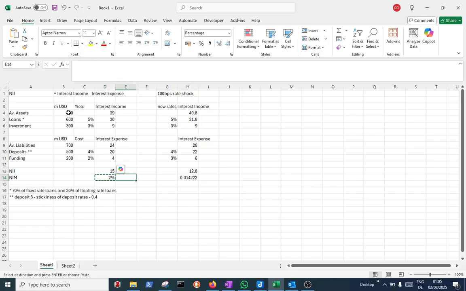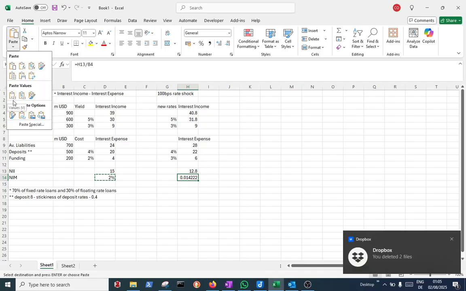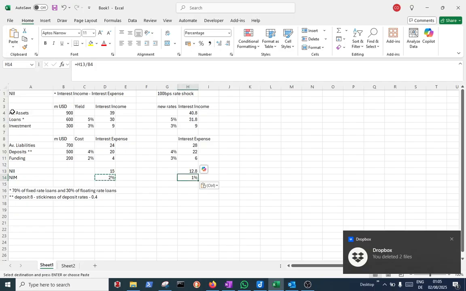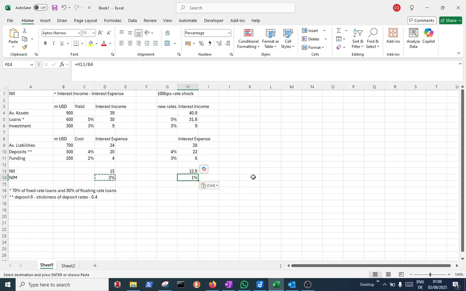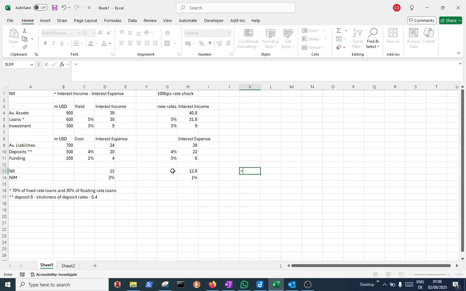And that will be 1%. So the net interest income will decline by $2.2 million. And the margin will also decline.